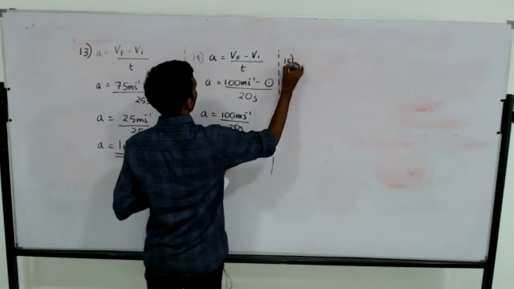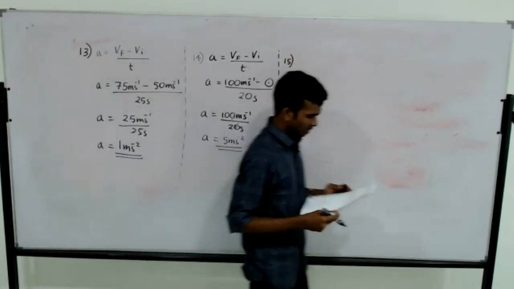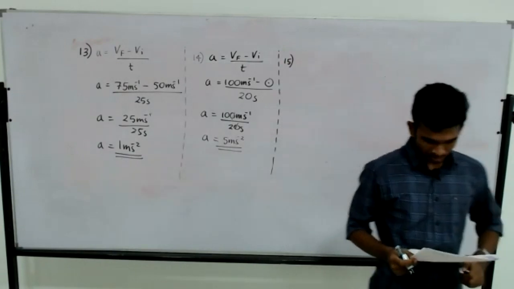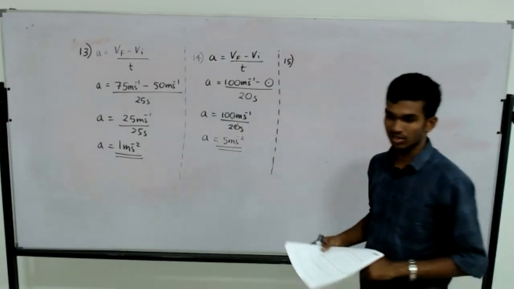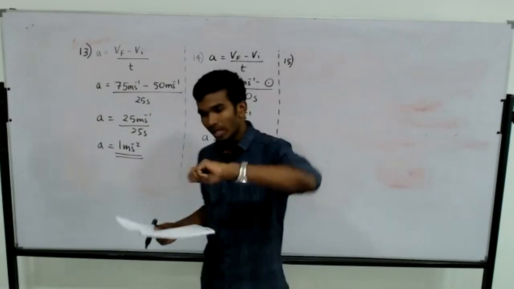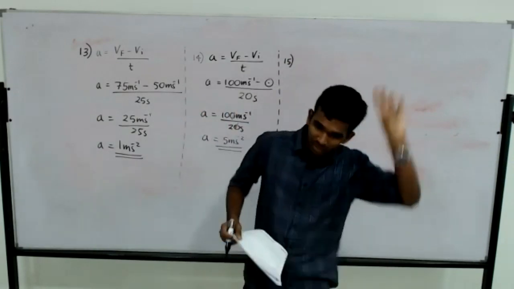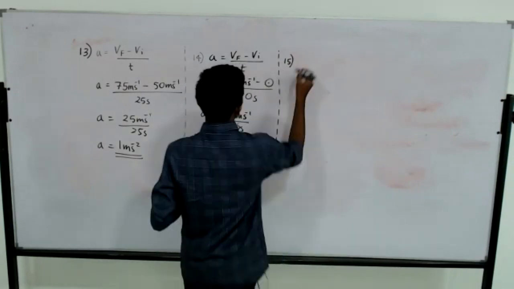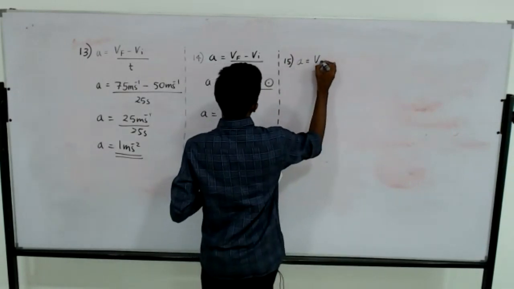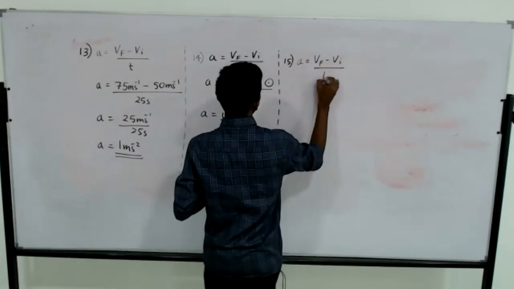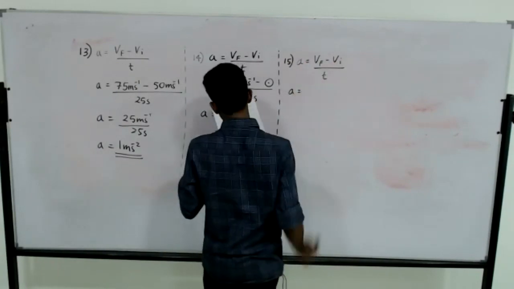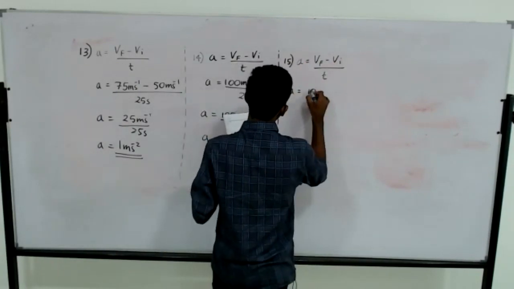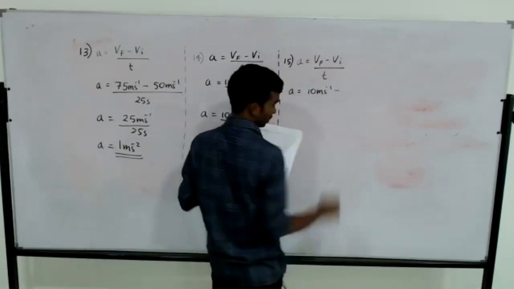An athlete slows down from 30 to 10 in 10 seconds. What is the acceleration? What is the initial velocity? 30. What is the final velocity? 10. Time is given. Acceleration is final velocity minus initial velocity divided by time. Final is 10 ms to the power minus 1, initial is 30.